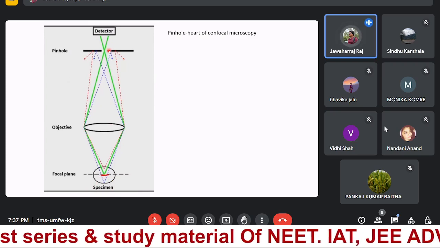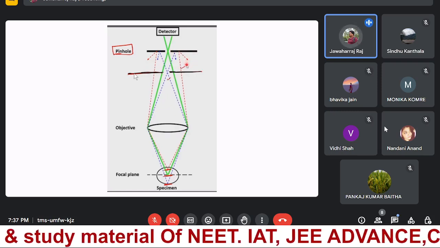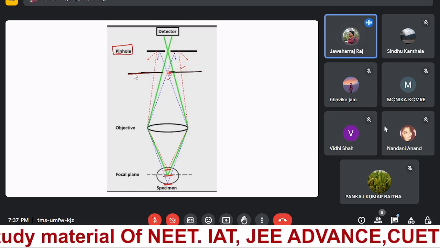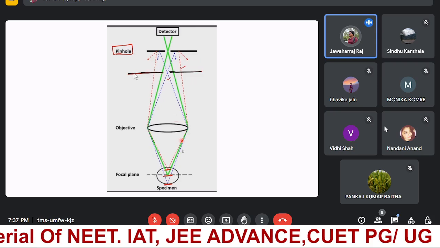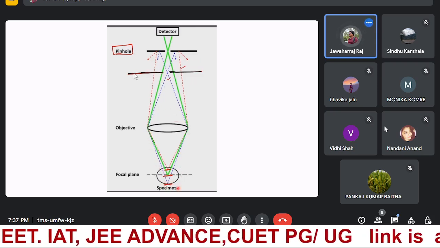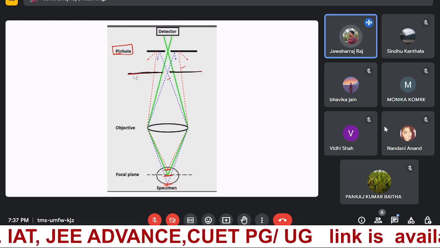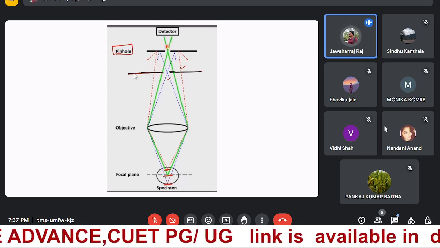If I keep this pinhole a little down, so what I'll do, I can see the lowest part of the specimen. I can focus on the lowest part of the specimen and see what is there in the specimen. So the pinhole we can move up and down.